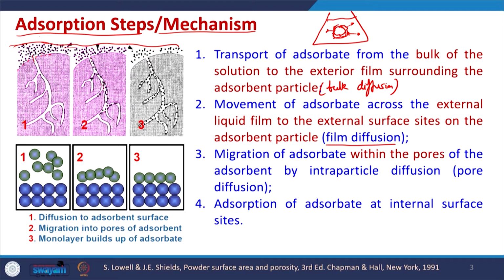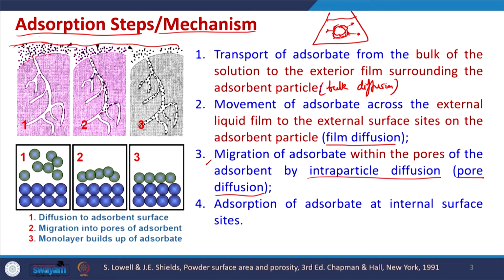Now, it will move inside the pores. So, migration of adsorbate within the pores of the adsorbent is by intraparticle diffusion, also called pore diffusion, and pore diffusion may be further classified, like whether it is moving through bigger size pores or smaller size pores. So, that is also possible.